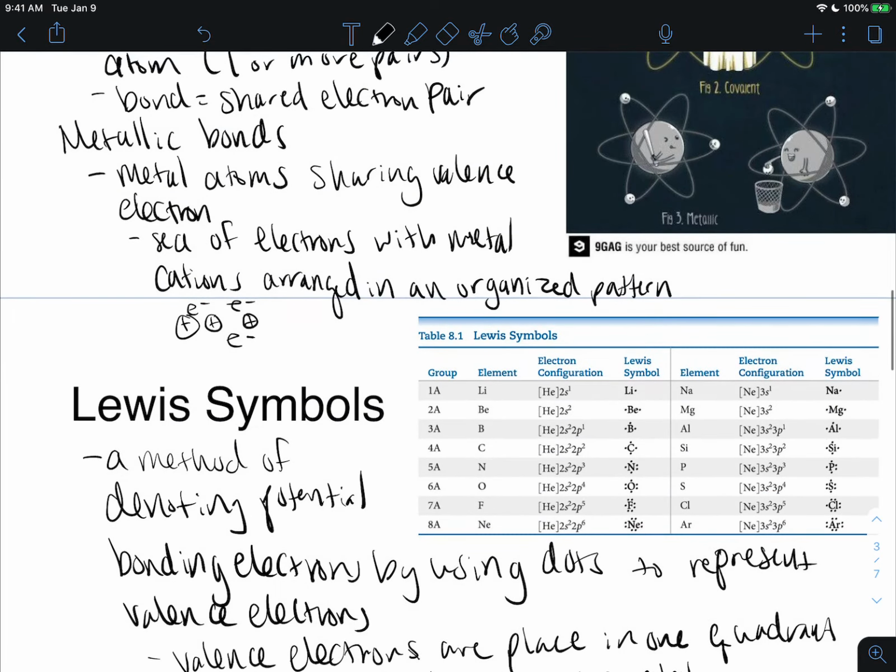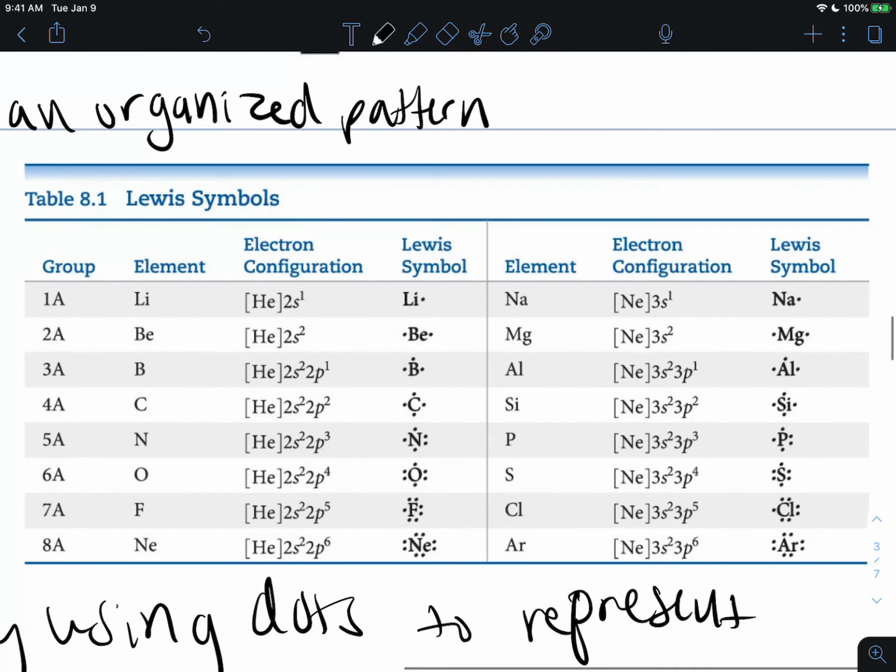So real quick, let's look back up here on this. So we can see we go from group 1A to group 8A. And on more modern periodic tables, this is going to be 13, 14, 15, 16, 17, and 18. This is just shown as kind of an older way of representing those group numbers.